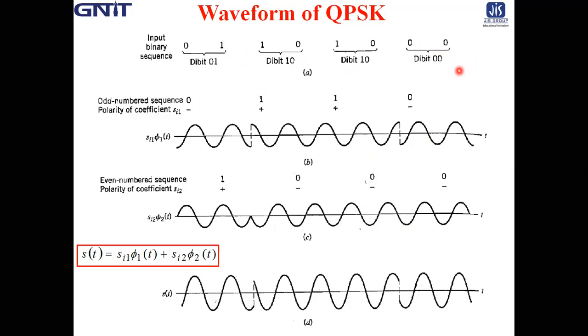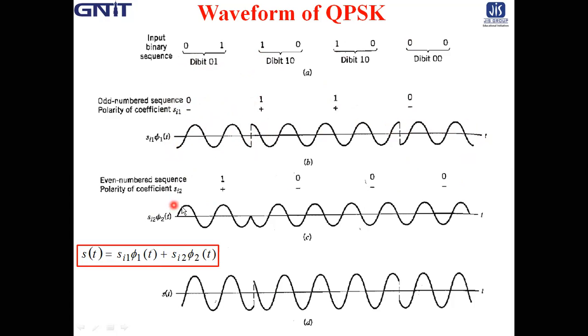As we know, QPSK transmits a dibit at a time. So for the odd number sequence, the polarity of the coefficient psi1 into phi1(t) is 0 1 1 0, and correspondingly we draw it. From 0 to 1 there is a phase shift of 180 degrees, then again from 1 to 0 there is a phase shift.